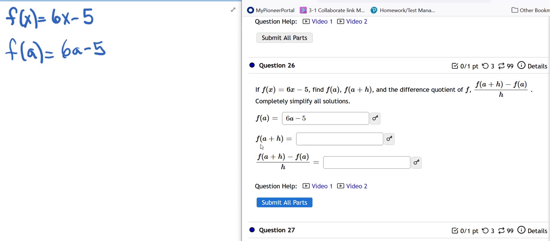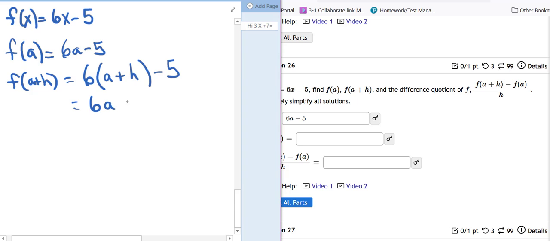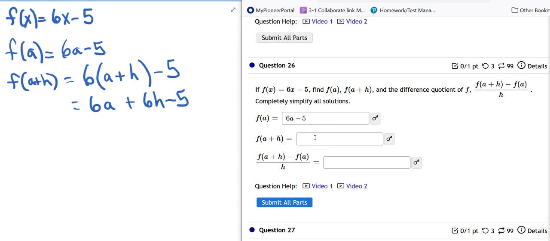Right? The second one, they want us to put a plus h into x. So however many x's you had in your problem, that's where you would put it. So we'll have to simplify here, which gives us 6a plus 6h minus 5. That is the f of a plus h.